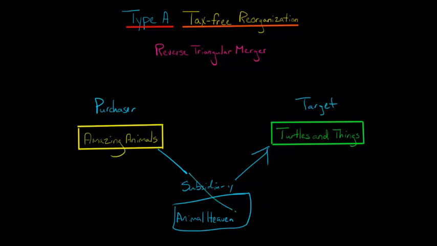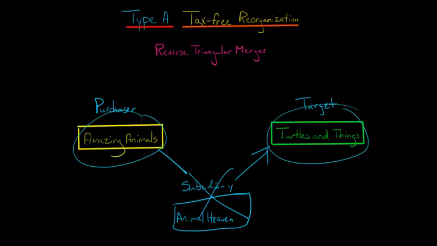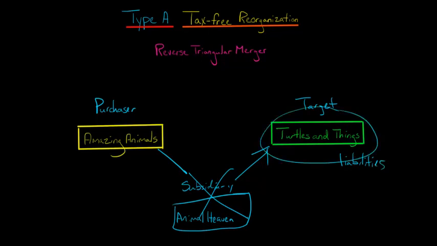Then you'll just have this company and this company. So any unknown liabilities would remain with Turtles and Things, and wouldn't become part of Amazing Animals. If you did a regular type A merger, where Turtles and Things went directly into Amazing Animals, Amazing Animals would get stuck with any liabilities.